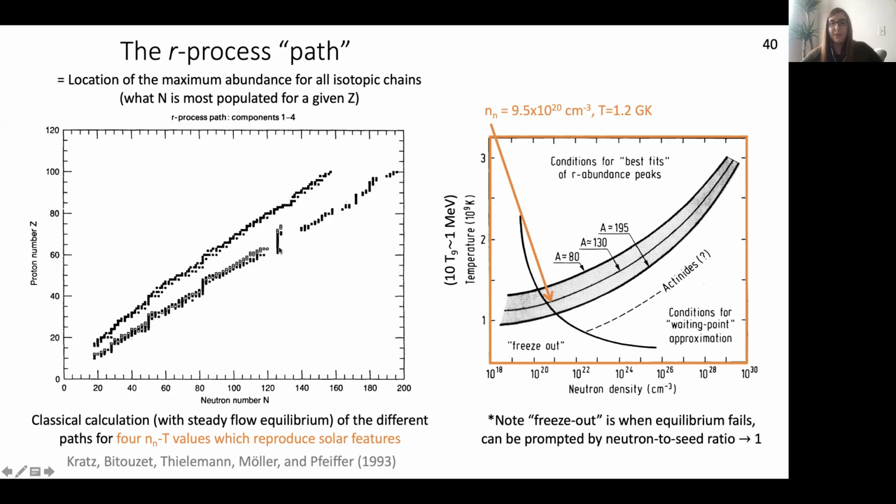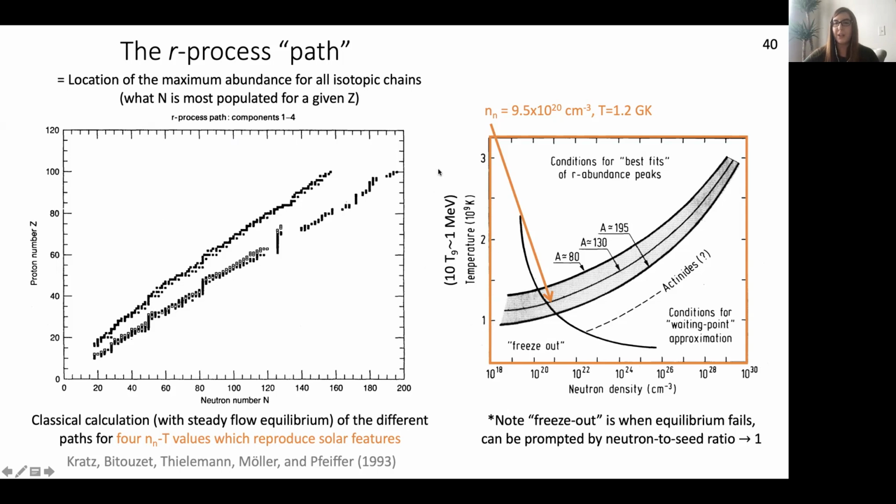Now these are 4 different ones in a study where they looked, using classical calculations, at what neutron number density and temperature relations are able to best fit the solar abundance peaks. So there are 4 of them in here, and they correspond to this line, and this actinide line, okay? So you can see here some of these neutron density and temperature combinations that they considered.